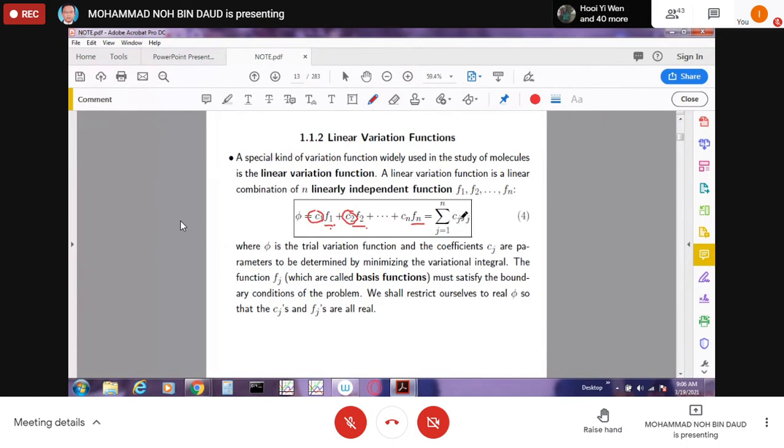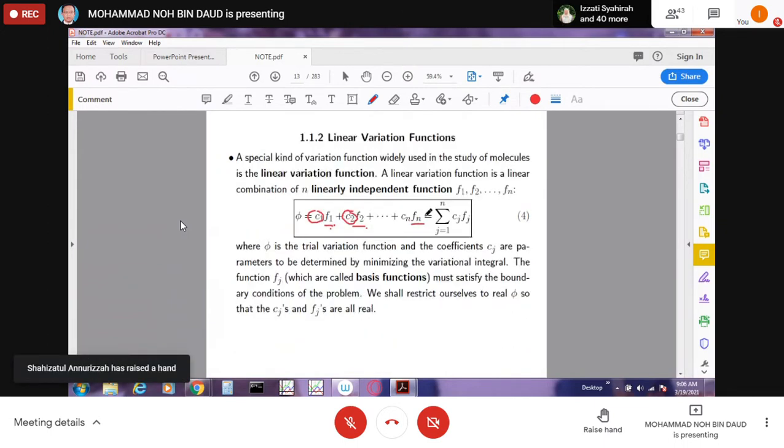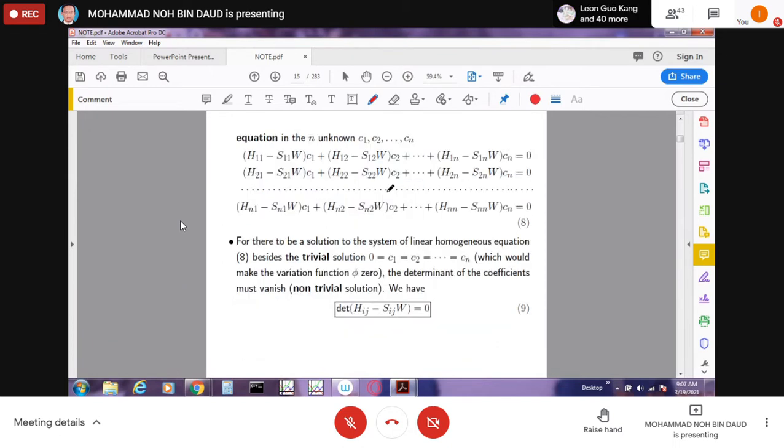So if we use n basis functions, we can get n simultaneous linear homogeneous equations with these C unknowns. So n unknown coefficients.